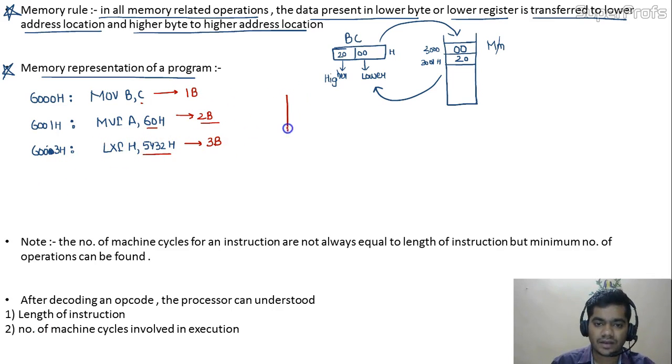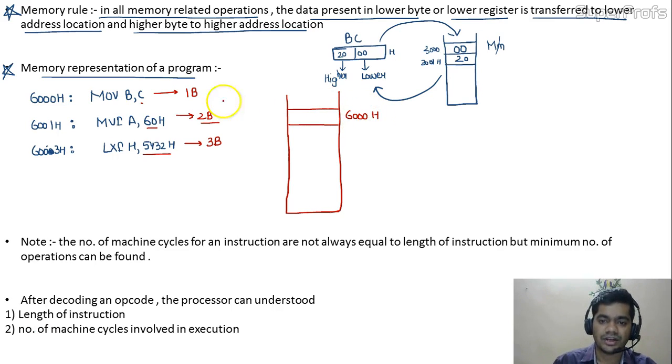Now we are going to represent this program in the memory. We can see that this program starts from 6000H. In the 6000H memory address, first of all the mnemonic of MOV would be stored.